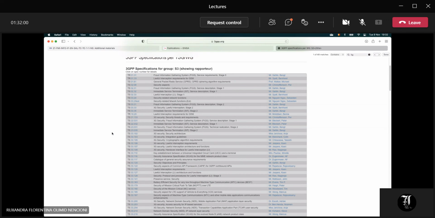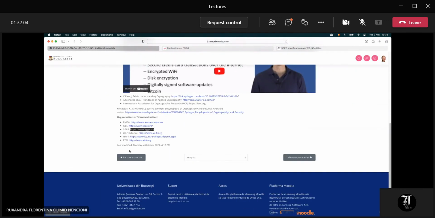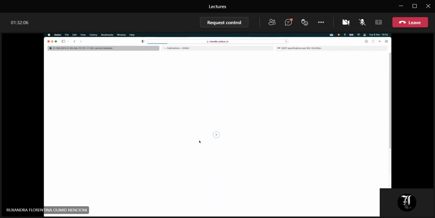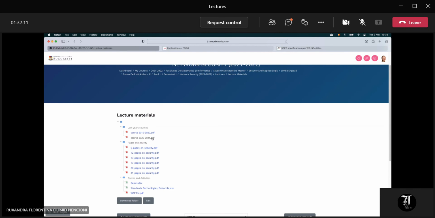About 5G security, I also added here, if I go back to lecture materials, the courses from last years. And if you go to the course from the last year, one second, because my download is working not so great.